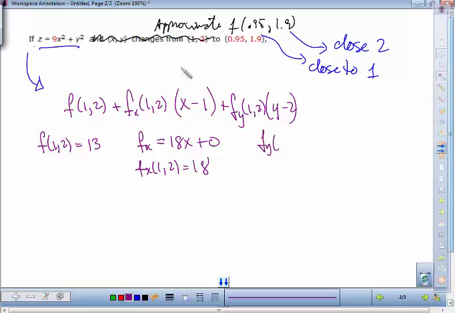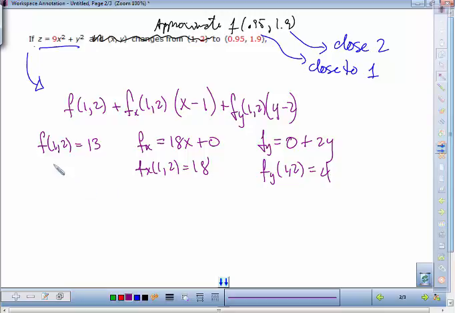Fy is the derivative with respect to y. Guess I should put 0 here still. Fy at 1, 2, put in 1 for x and 2 for y, and so there he goes.